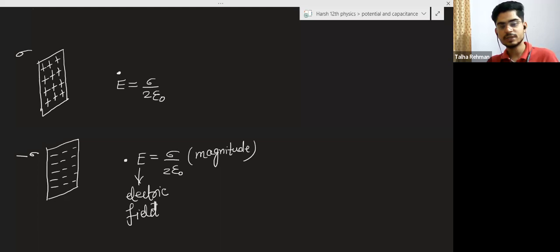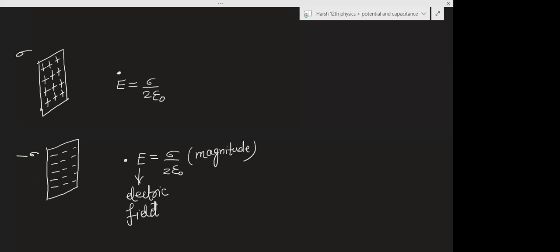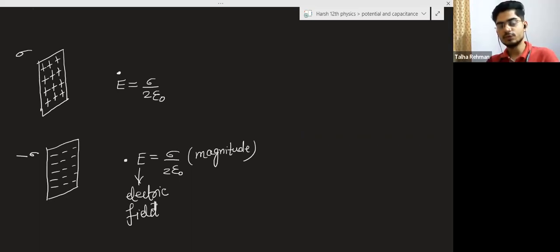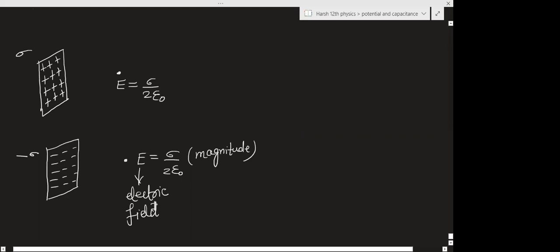For this, the Gaussian surface is a symmetrical cylindrical surface, and with the help of Gauss law and electric flux, you calculate the electric field. So this is the result from there. You can revise your notes if you want this in detail.